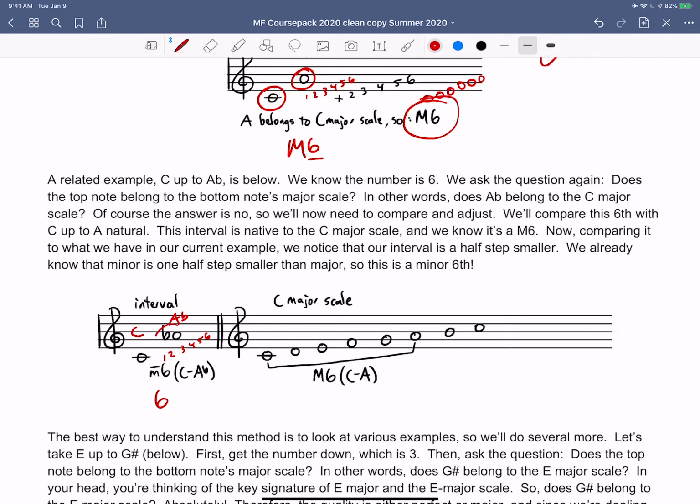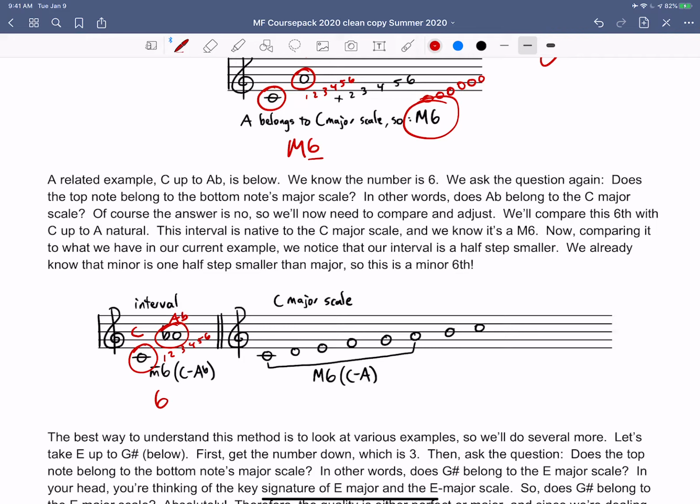In other words, does A flat belong to the C major scale? And I mean particularly A flat itself, not another version of A, but A flat in particular. So does A flat belong to the C major scale? No. A C major scale looks like this, right? We have regular A in the C major scale. We do not have A flat. So the answer is no.